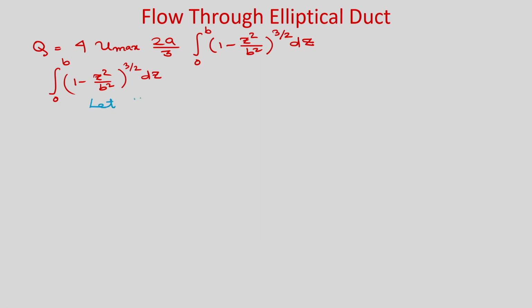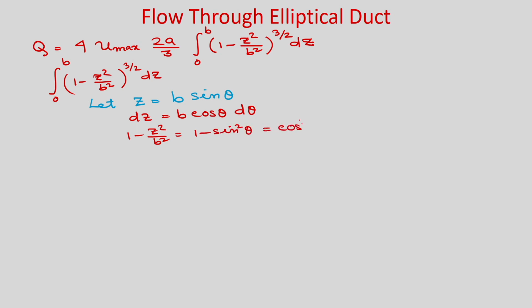First, we will just take z is equal to b sin theta. If z is equal to b sin theta, then we can write dz is equal to b cos theta d theta. Now, if you put here, you can see 1 minus z square by b square will be just 1 minus sin square theta, so it will be cos square theta.